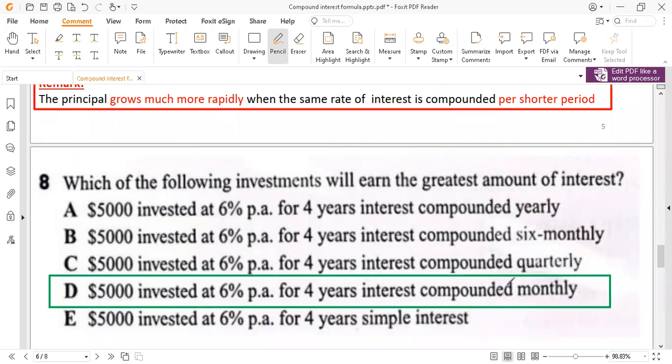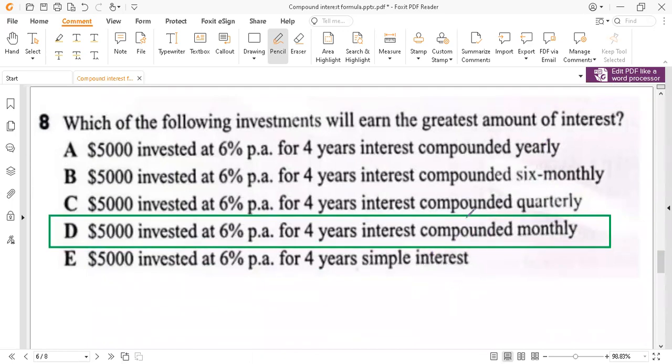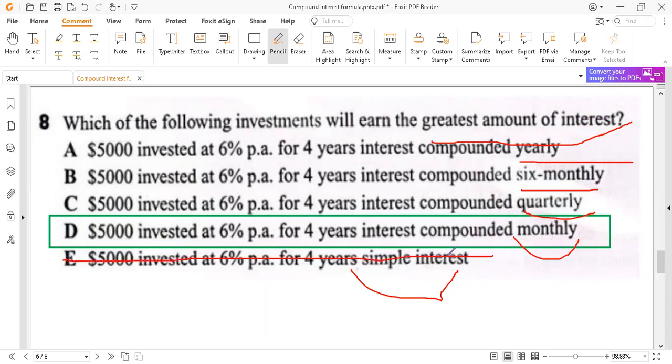So if they ask us which of the following investments will earn the greatest amount of interest, with choices yearly, 6 monthly, quarterly, monthly, and simple interest, we can first cancel simple interest because it always remains the lowest.